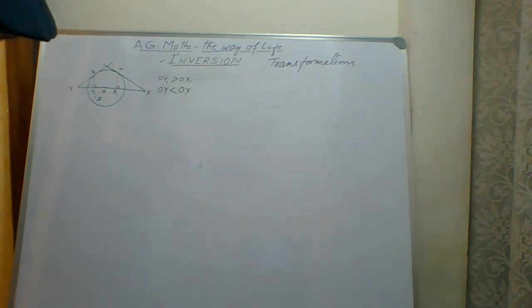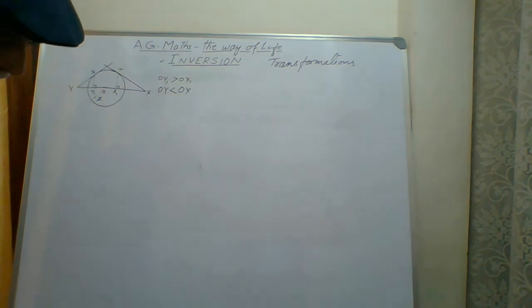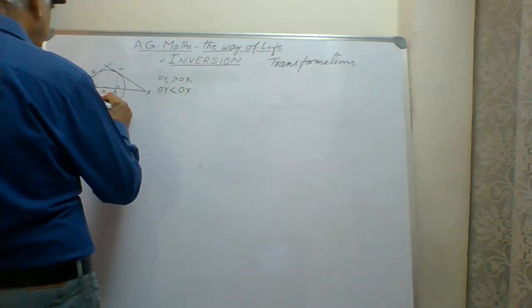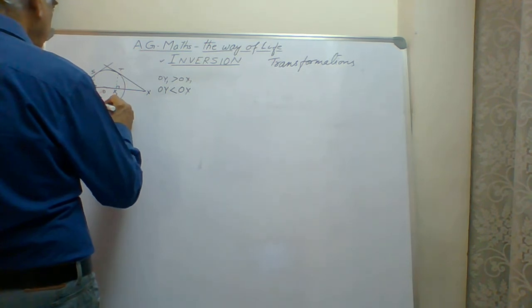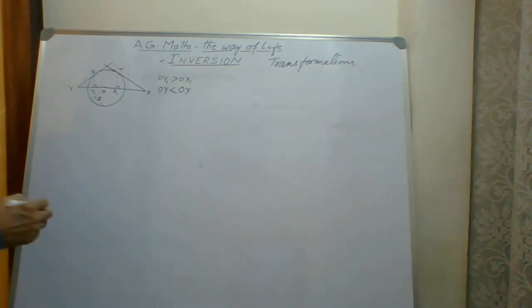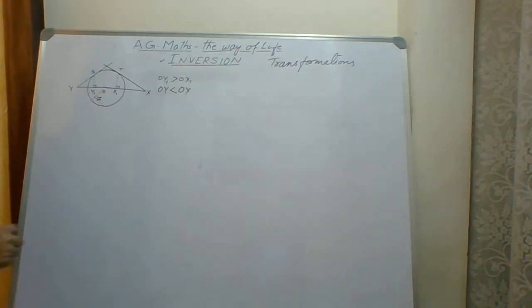Now from the point Z, I draw a perpendicular to the line OZ, touching the circle at this point.